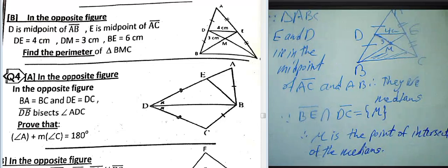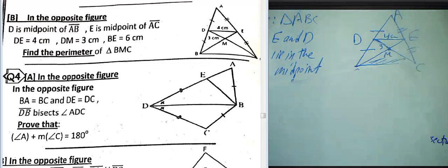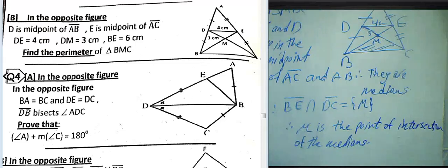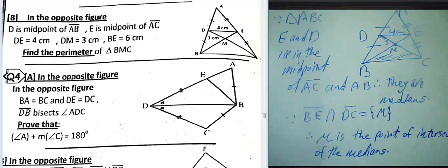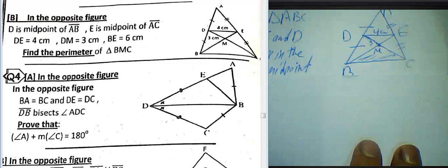Okay, then we can write here on the next paper. Okay, I will complete it here. Write these steps and I will complete it here. Okay, my students, complete with me.